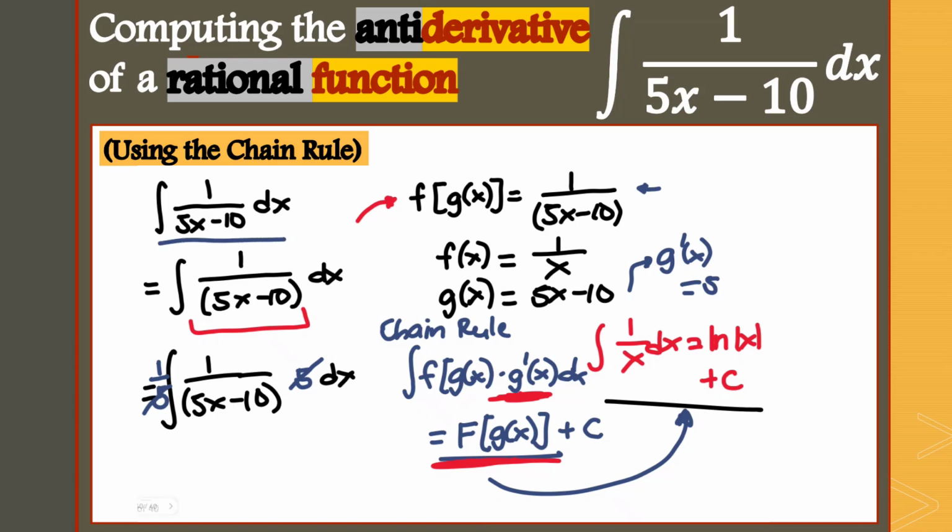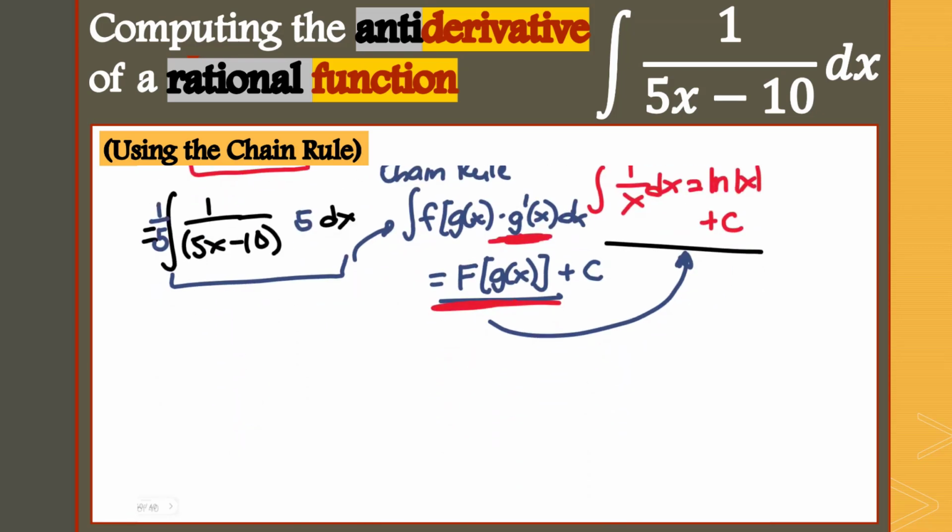This is our given, right? But we will not be cancelling that because the goal here is to structure this with the chain rule. So we're going to leave 1/5 at the outside in itself. Let me provide it here. This is just equivalent to 1 over 5. And since this fits the criteria for chain rule, let's just simply provide here the result or the antiderivative of the outer function.